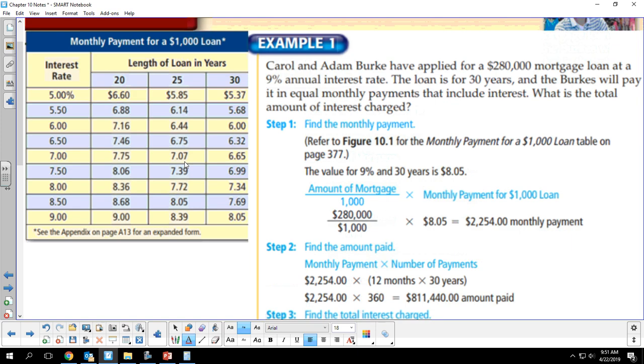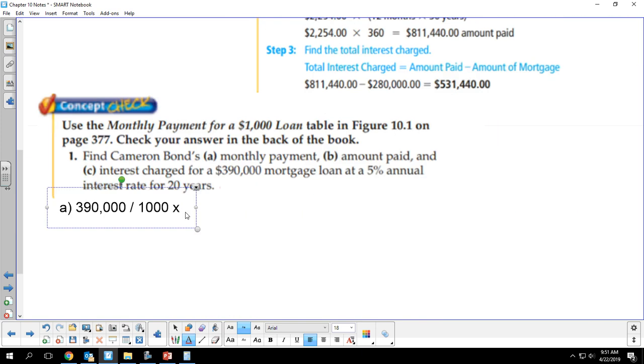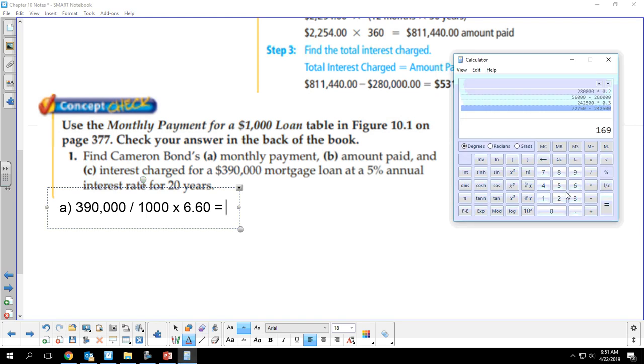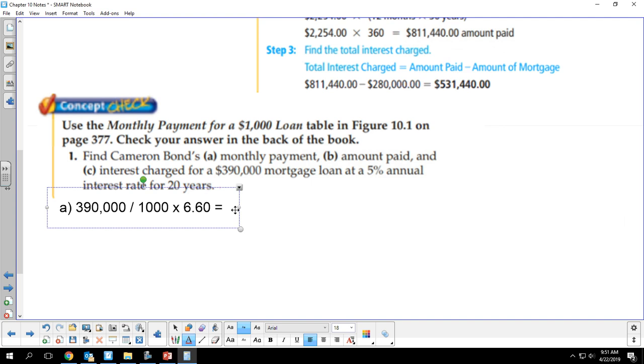That's $6.60. So times it by 6.60. We push that number in our calculator. 390,000 divided by 1,000. Times 6.60. And our monthly payment is $2,574.